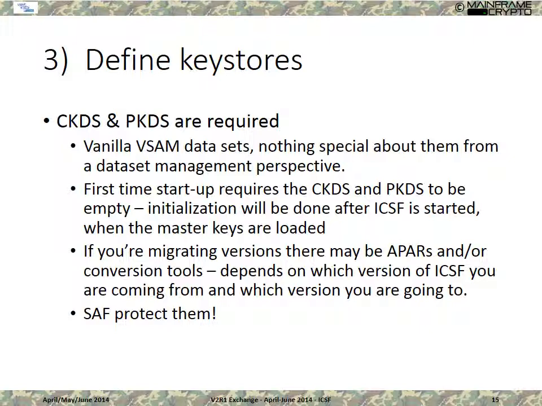The only address space that must have access to these key stores is the ICSF address space itself. So you probably want to set them up with a UACC of none. Now, I can see having firecall IDs and all that maybe have the ability to read the key stores. There may be instances where you have to look, well, what is the key?